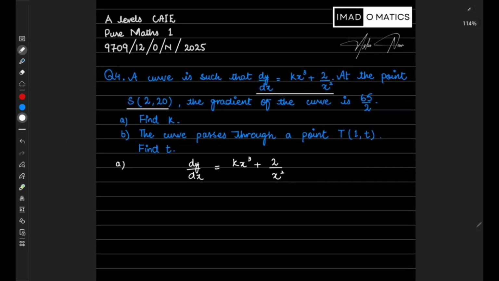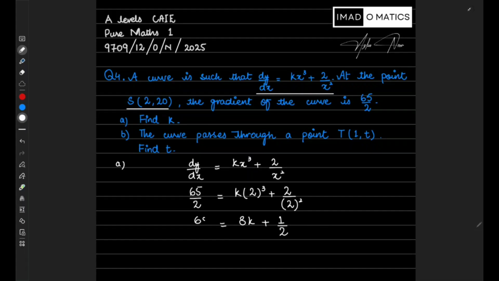So if we substitute the gradient, that is 65 over 2, with x equals 2, it will give you k times 2 cubed plus 2 over 2 squared. So that will give you 8k plus 1 over 2.